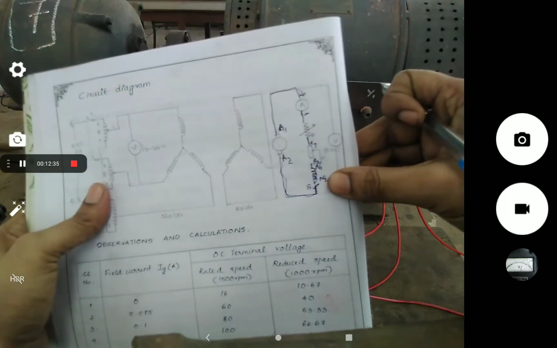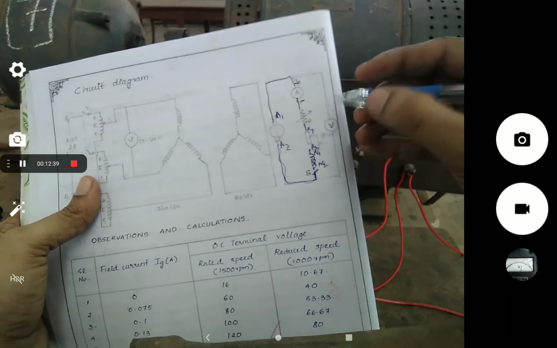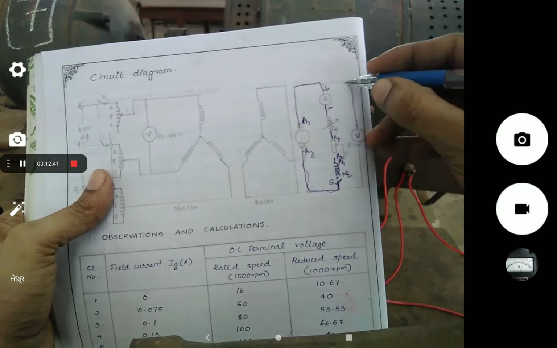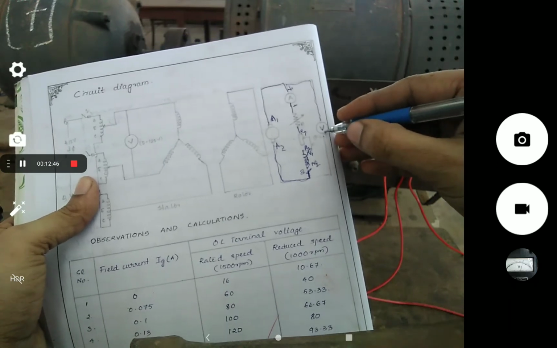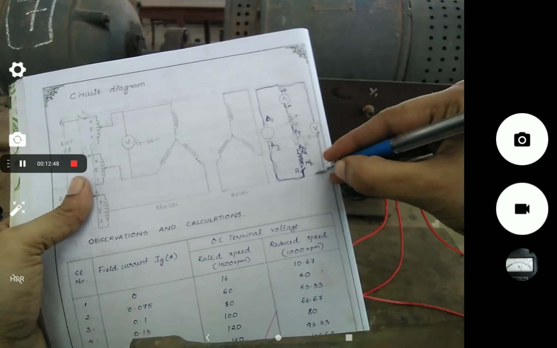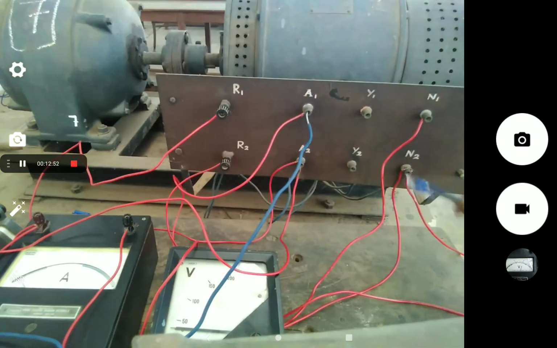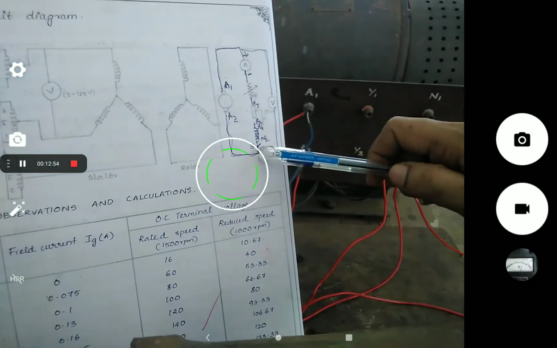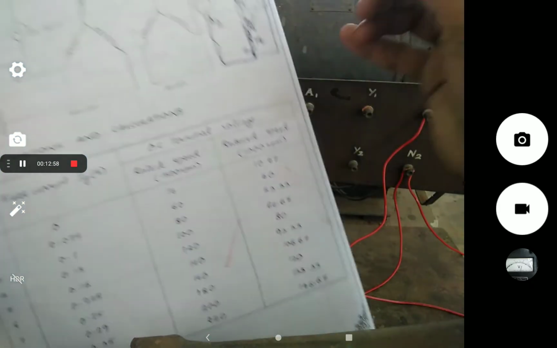Now you have to connect a voltmeter also. This is the 0 to 250 voltmeter. One point of the voltmeter is connected to the positive of the ammeter and one point is connected to N2. You can see there are two wires on N2. So take one wire from N2 again, then connect it to the voltmeter negative.